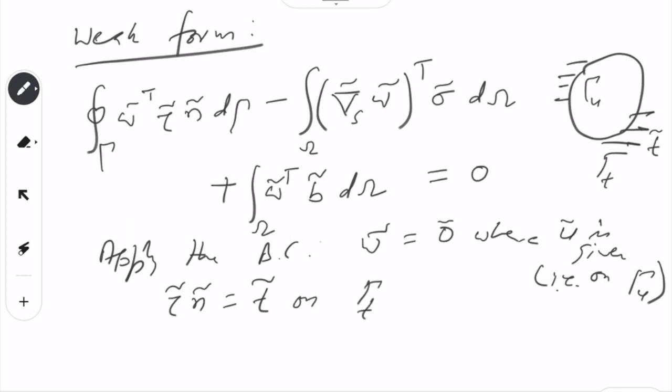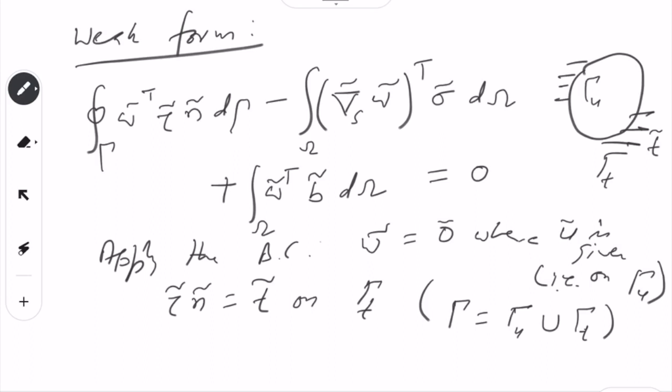So the whole gamma is equal to gamma u union gamma t, right?